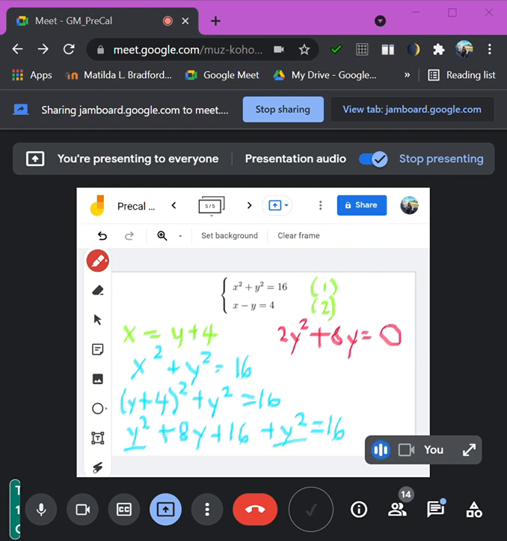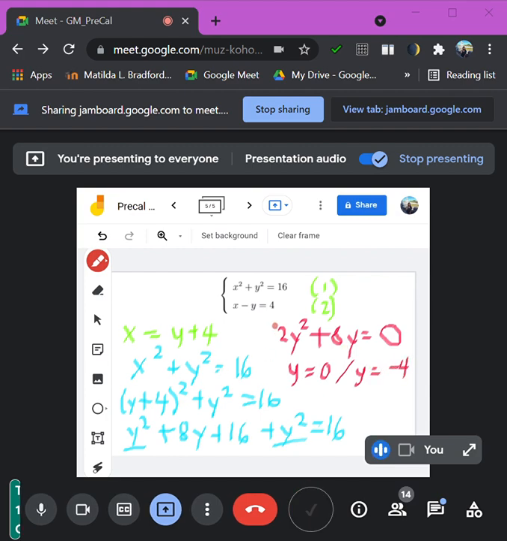So, what do we do now? You can use your quadratic equation again, or quadratic formula. Okay? Or you can also use your completing the square. So, the solutions, class, if we're going to use quadratic formula, is y is equals to 0, y is equals to 0, or y is equals to negative 4.